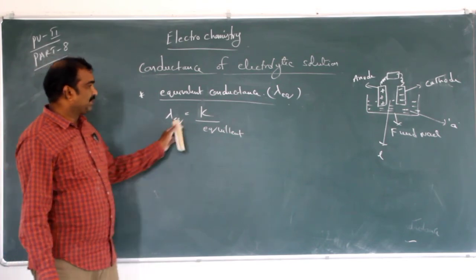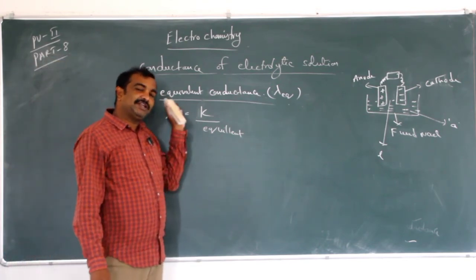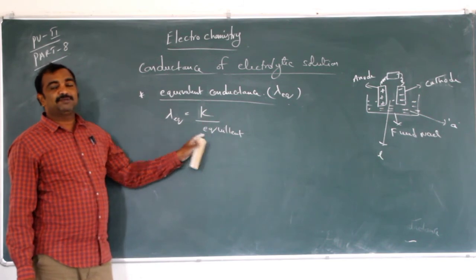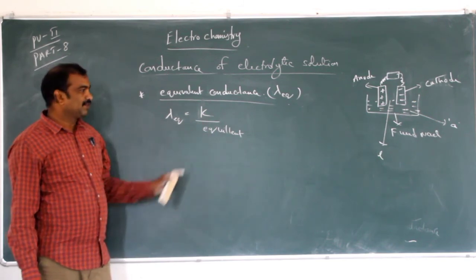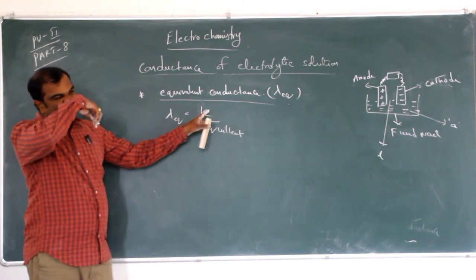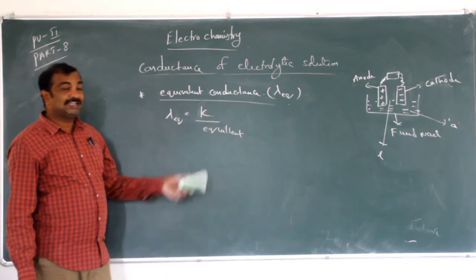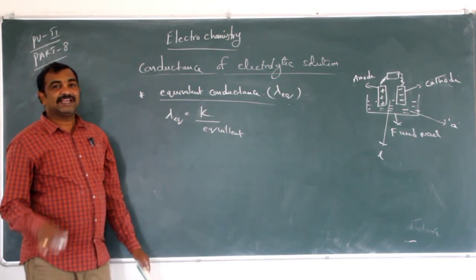So lambda m is equal to K by molarity, and lambda eq is equal to K by the number of equivalents. Equivalents we can take as normality.